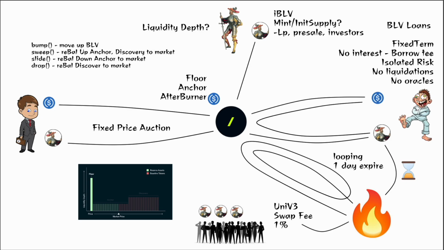Now there are these public functions that can be called, and the first one is bump. Basically, anyone can call bump, right? And when you call bump, it's going to look at all of the circulating supply of these tokens, and at the USDC sitting inside the pool, and then it's going to adjust that floor price.